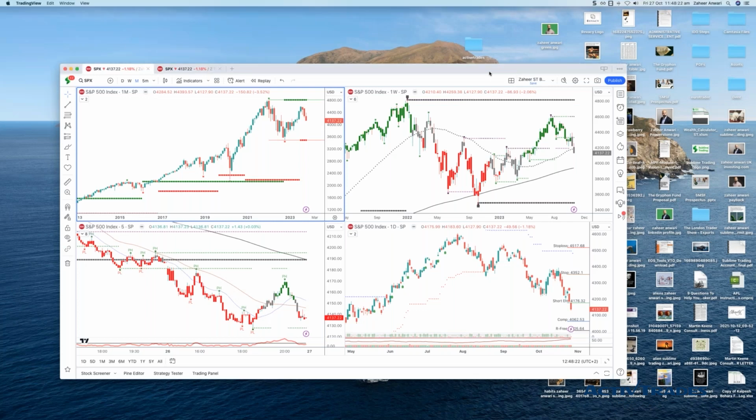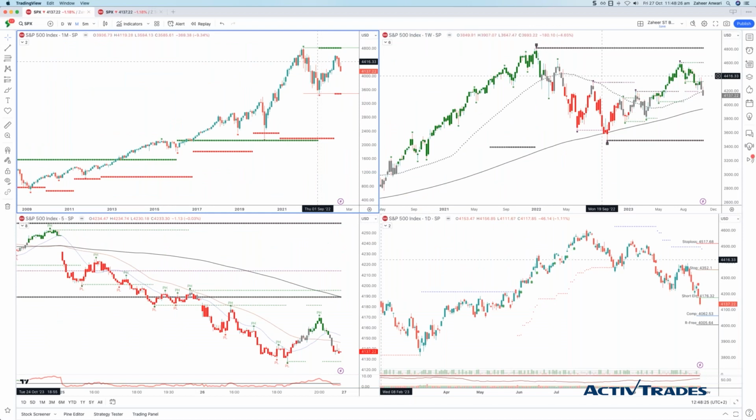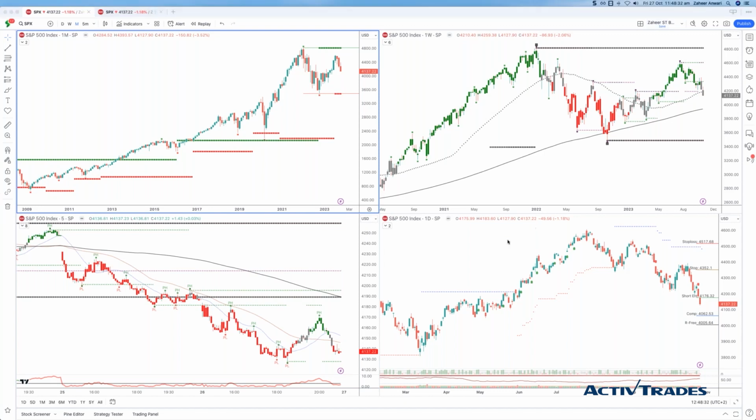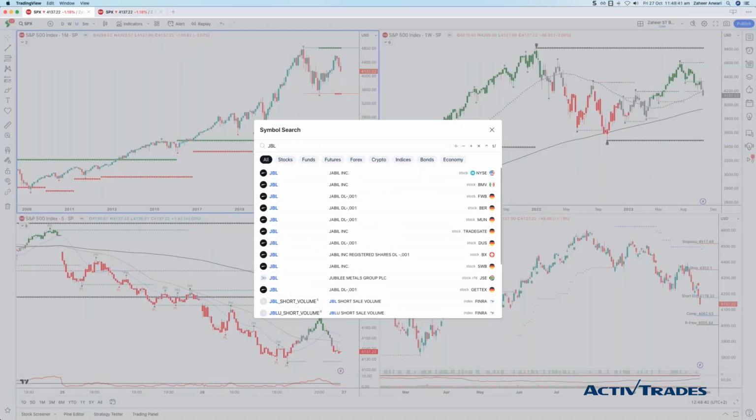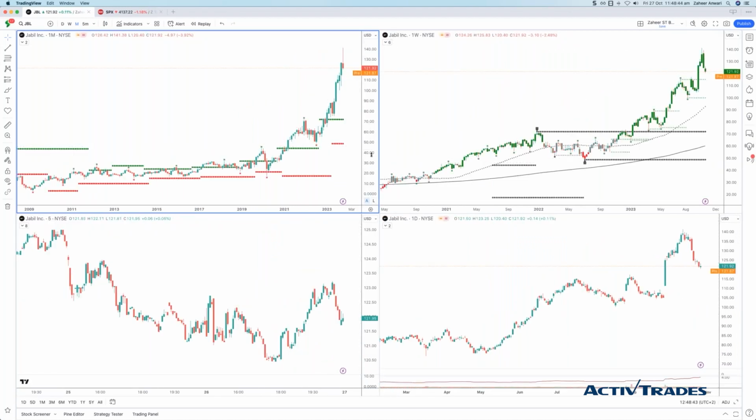All right, here we go. Okay, so I believe you guys should be able to see my TradingView screen. I'm just going to go through some of the stocks that we have found for our community members this year, and I'm going to go through stocks that you have very likely never heard of.